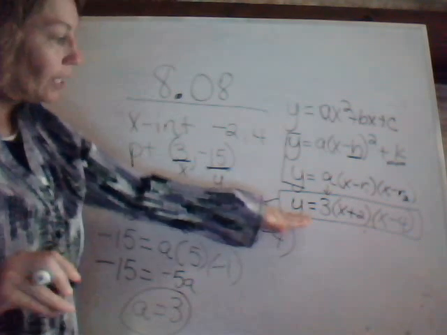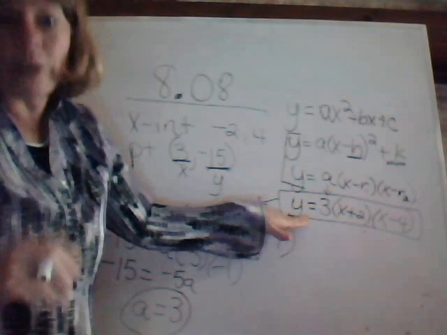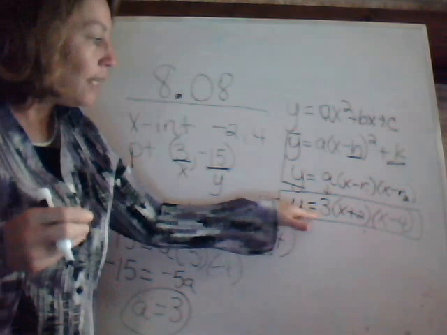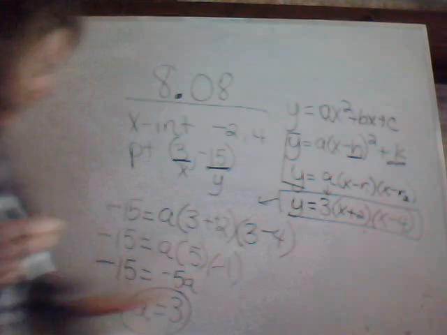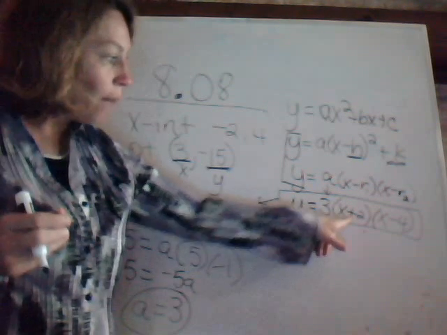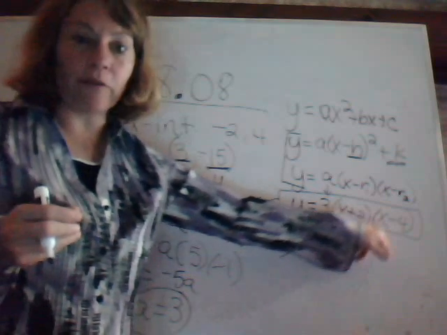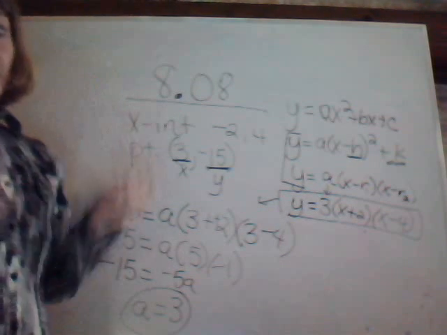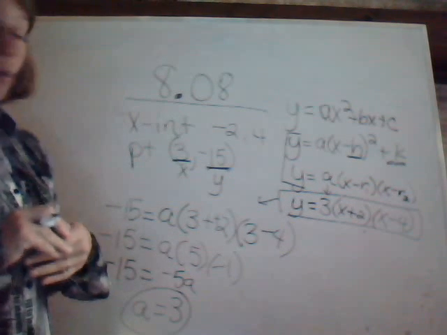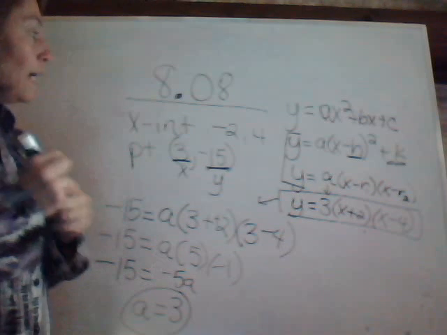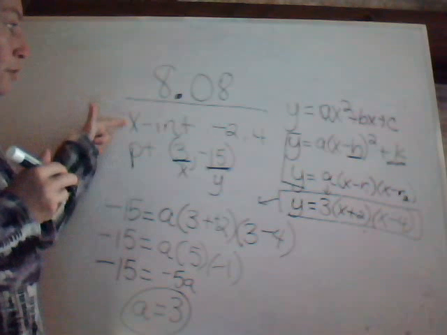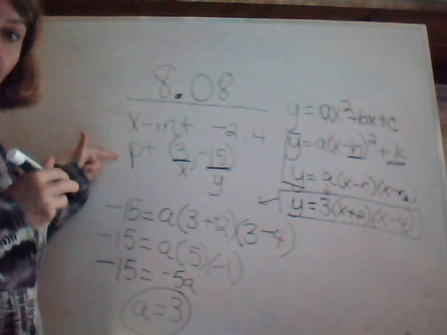So my final answer is y equals, or you could have f of x is equal to 3, which was the a we just solved for, times x plus 2 times x minus 4. And that's how you find the quadratic equation given two roots and a point.